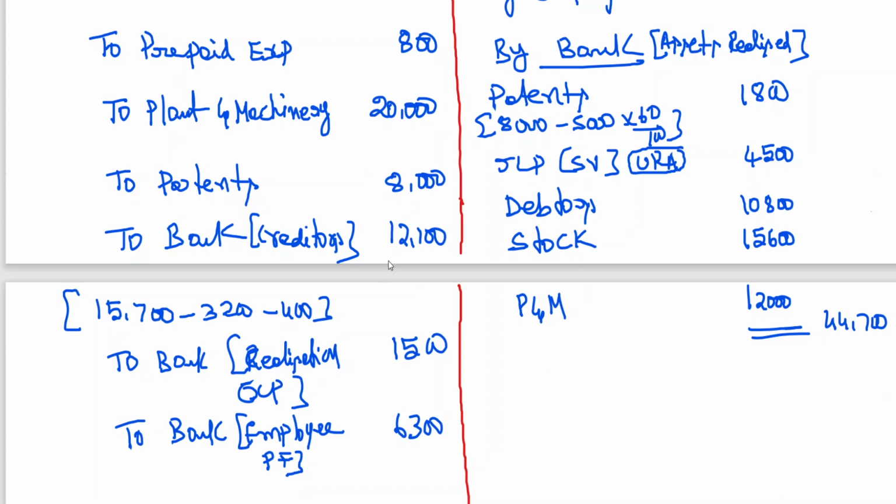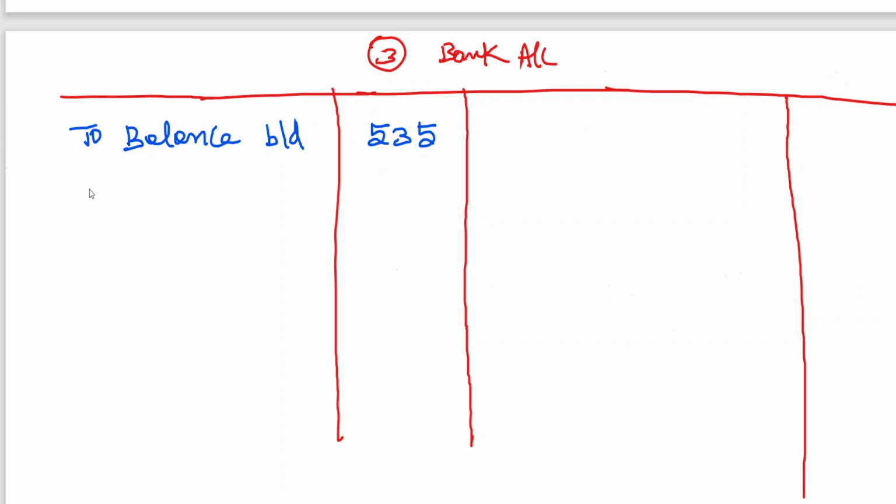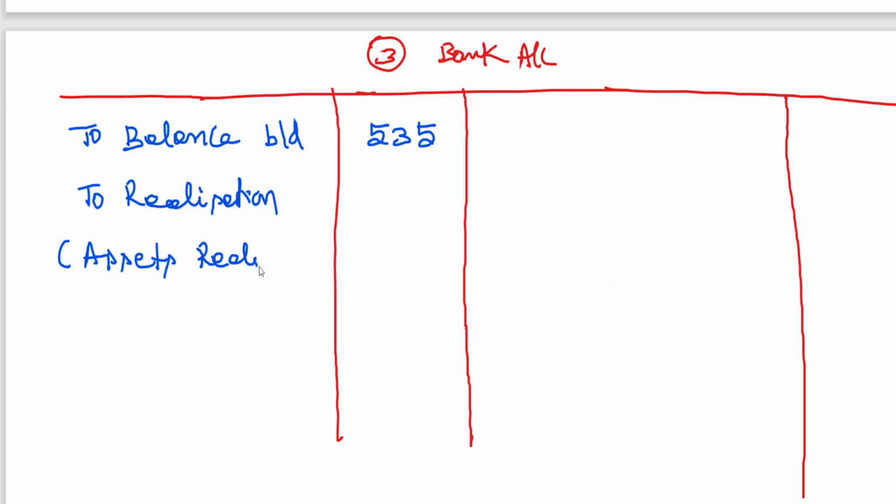Now these two things, whatever I have written bank here, will be taken to which account? Bank account. In bank account, I should write to realization, assets realized including joint life policy, that is unrecorded asset.